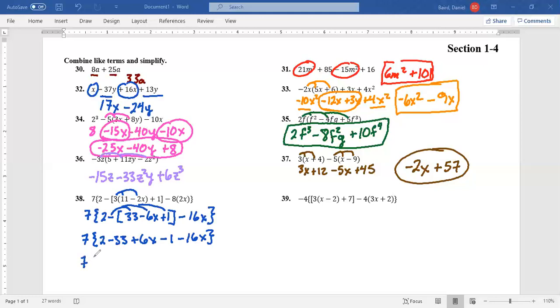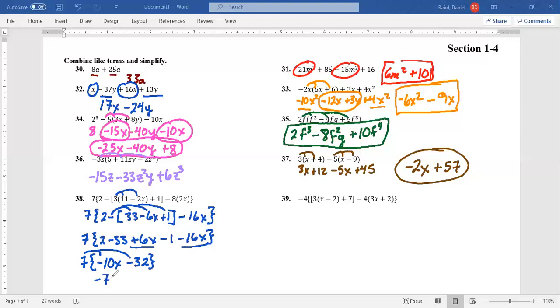This is going to be 7. What can we combine? Let me see, the x's. Here's 6x minus 16x. That's a negative 10x. That's totally in those braces. And then we have 2, and then we have a negative 34 going on here. Negative 34 and a positive 2, that's a negative 32.